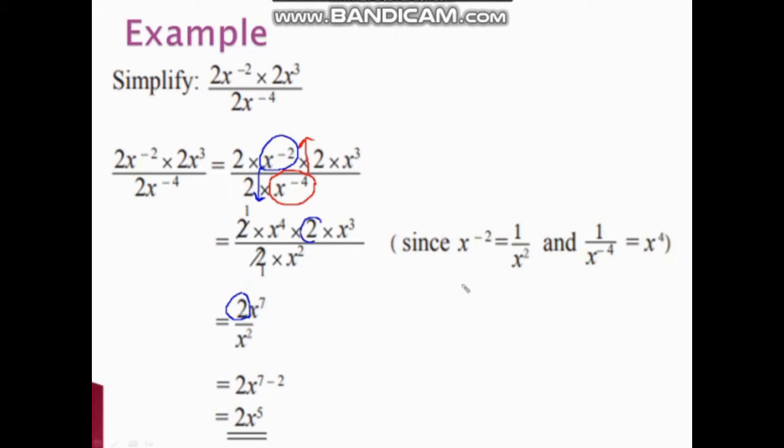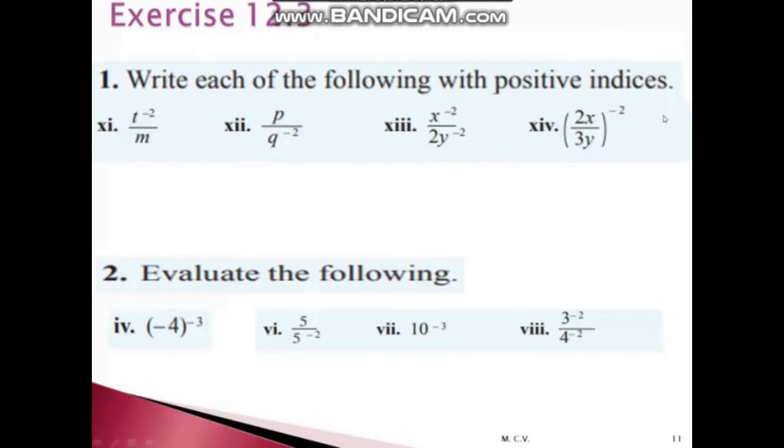Now let's move to exercise 12.3. T to the power minus 2 divided by m. You have to write each of the following with positive indices.